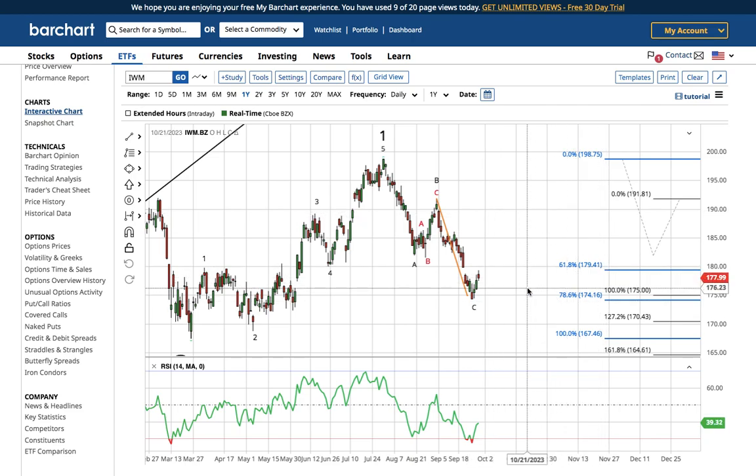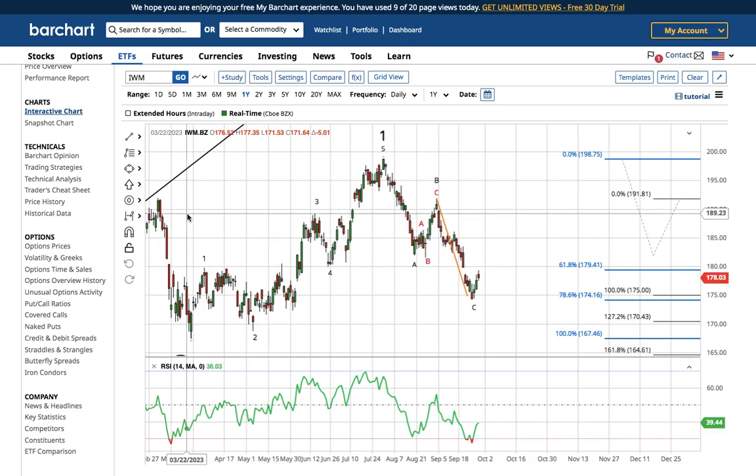Anyway, looking at IWM, this is one of those great examples of defining risk. There's a lot of ways to define risk right now, but I think this ABC correction one is the most useful. Length of wave A, place the wave B high, 100% extension has been hit. That 127.2% extension, I believe, is giving the most useful stop right now of 170.43.